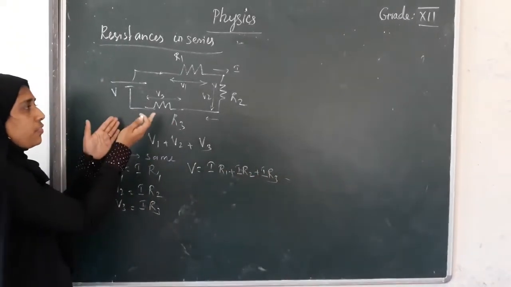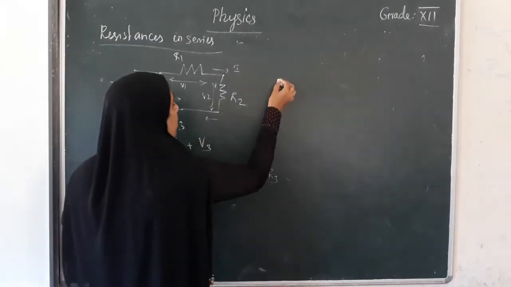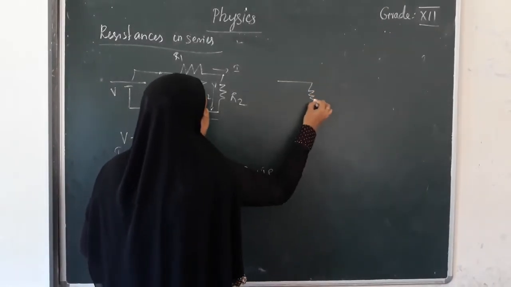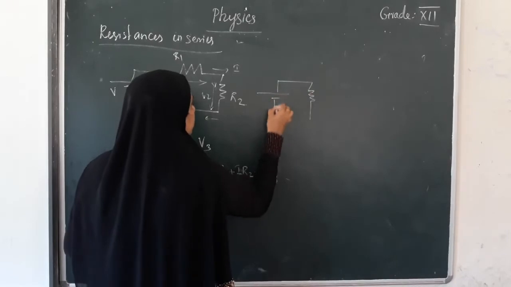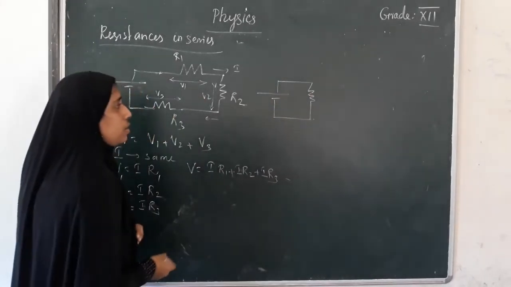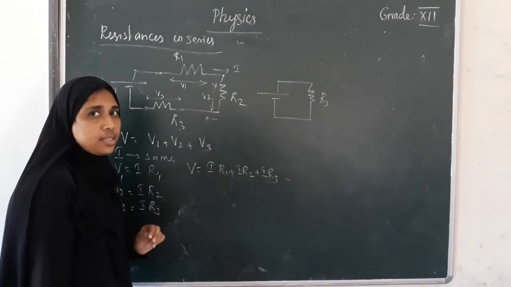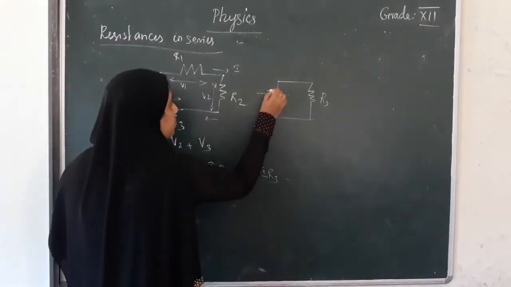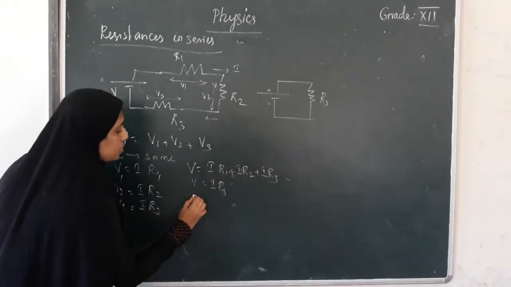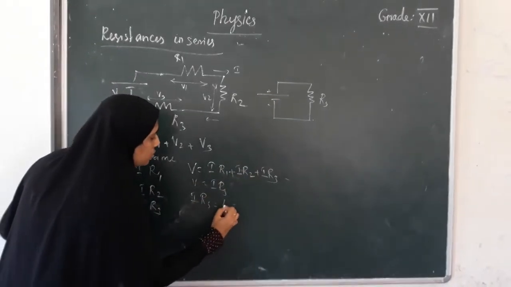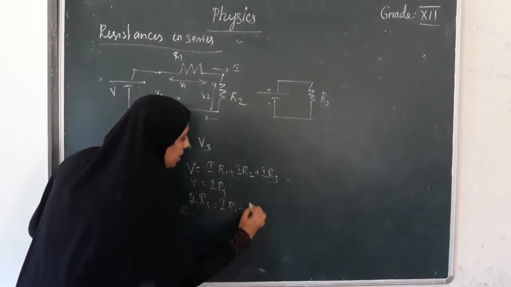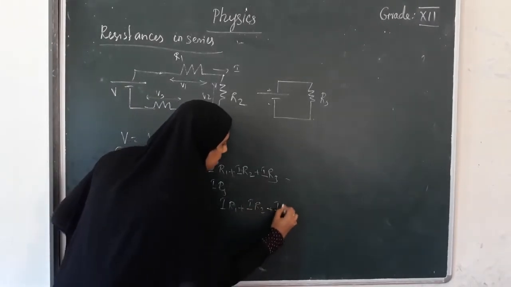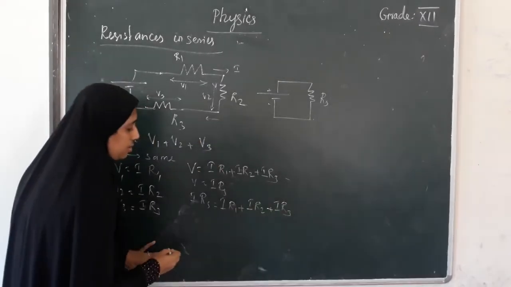So what is the simplified form of the circuit? The equivalent circuit has the series combination resistance Rs. So we can write V is equal to I into Rs. So IRs is equal to IR1 plus IR2 plus IR3.